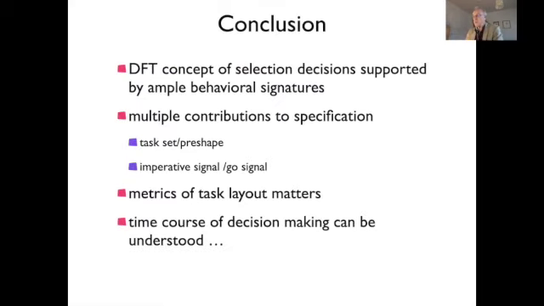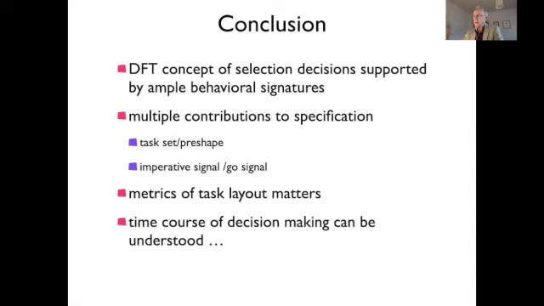So I want to conclude here and point out that this DFT concept of selection decision through competitive interaction, with a transition from averaging to selection, is supported by a lot of behavioral signatures. I only looked at a small number, but there is a lot in quite different kinds of experiments that all converge on that picture.